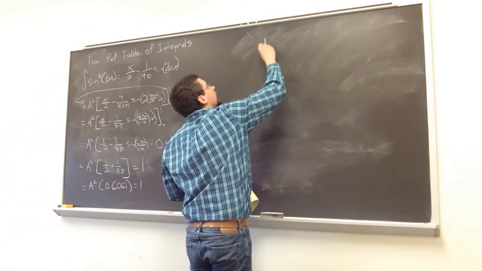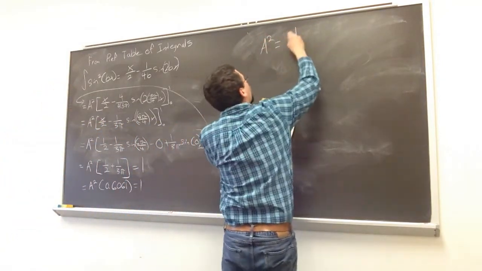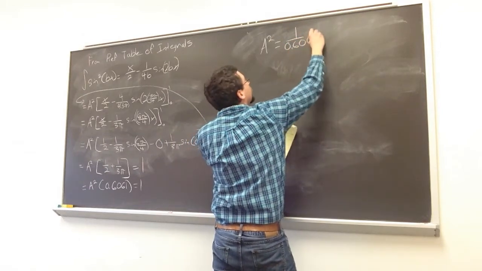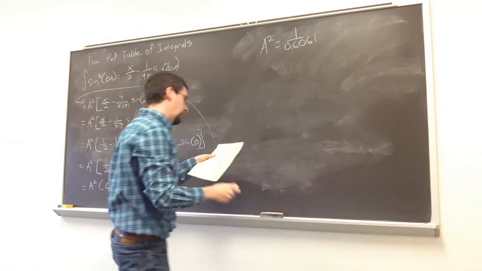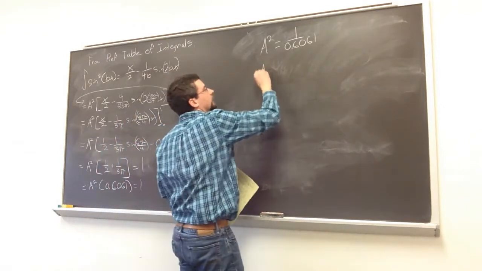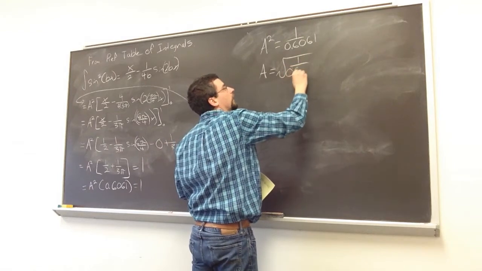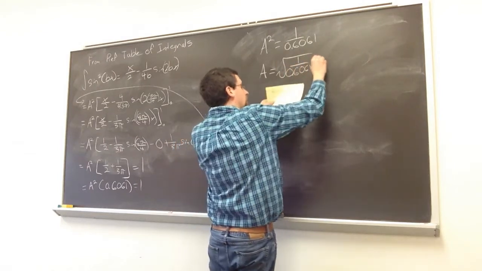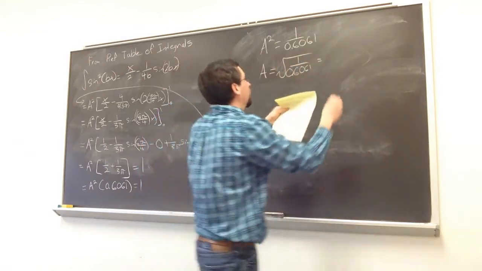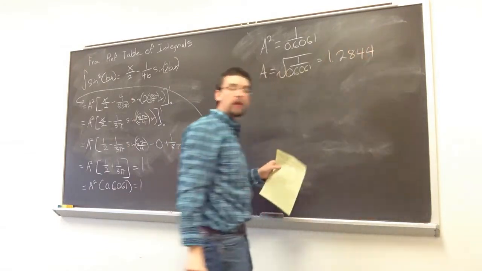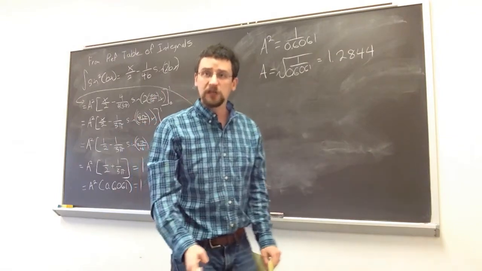So we get A squared is equal to 1 divided by 0.6061. Then we just have to take the square root of both sides, and you get A equals the square root of 1 over 0.6061. If you manipulate that mathematically, what you get is 1.2844.